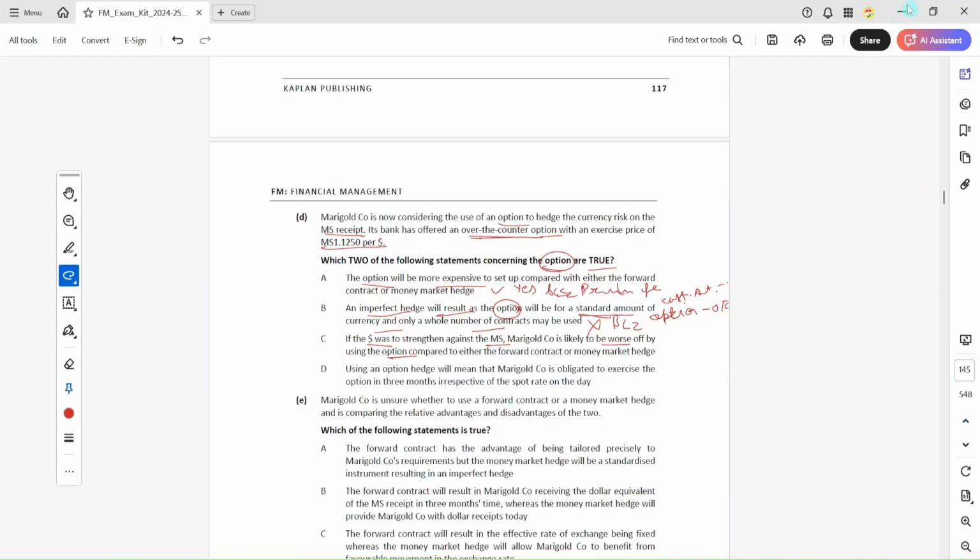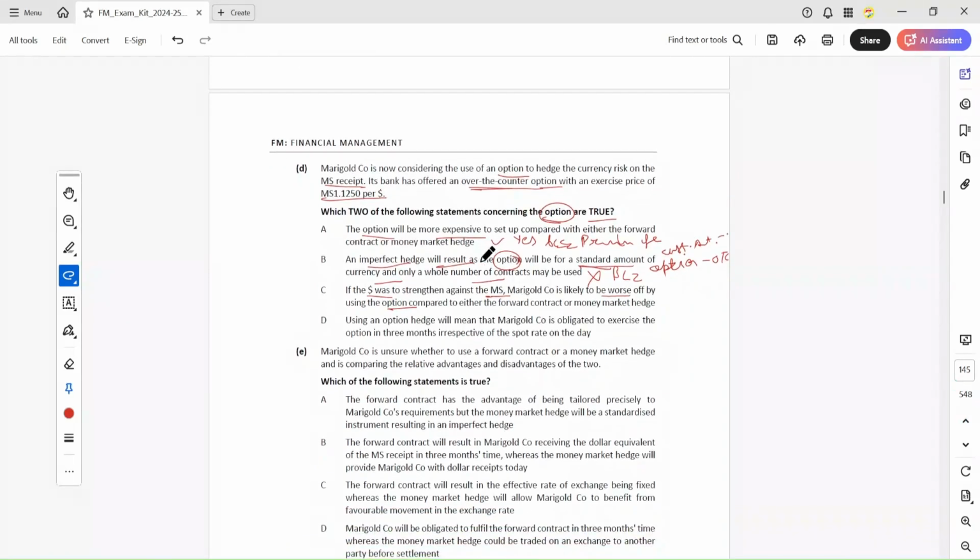Strengthening dollar means the spot rate will be worse than the exercise price.